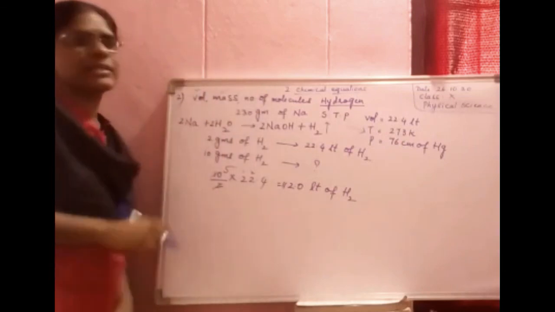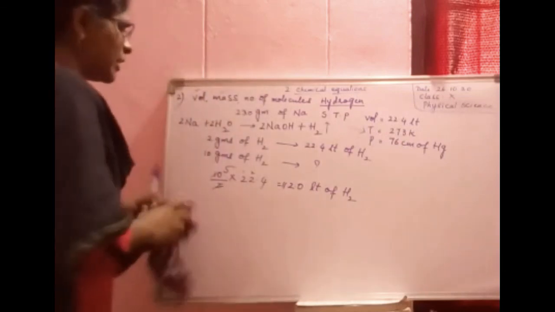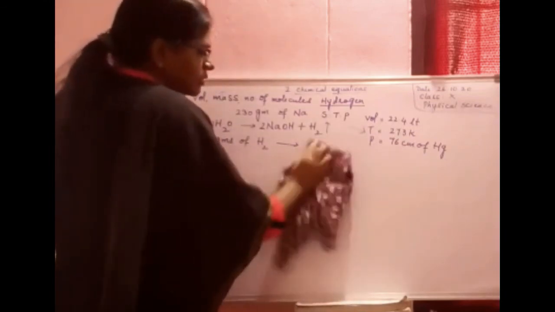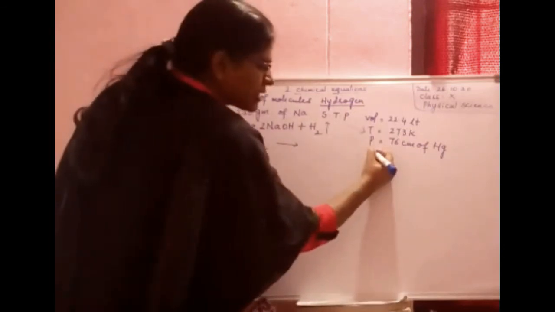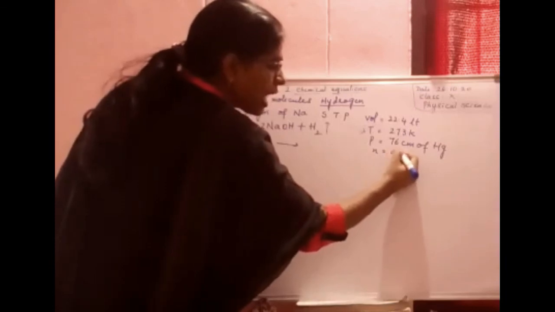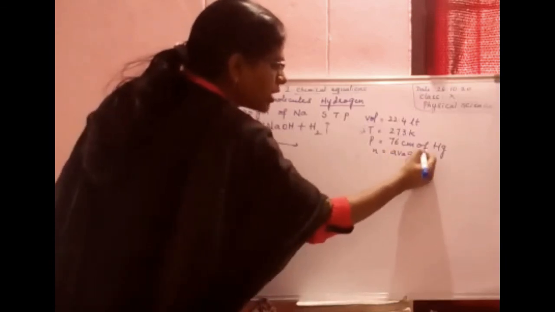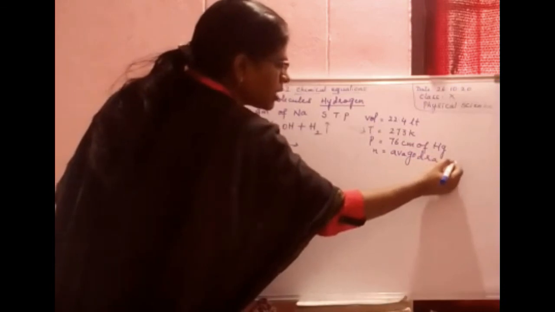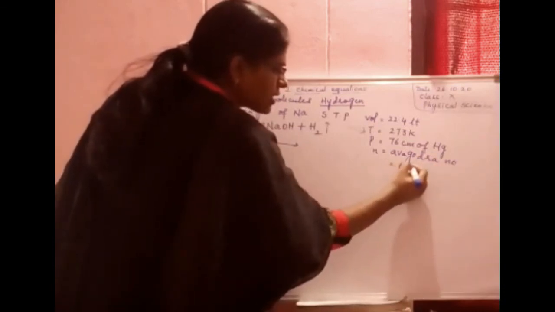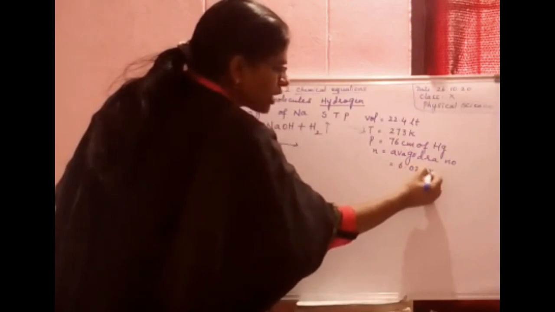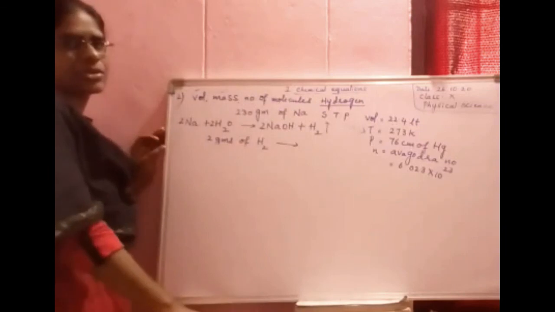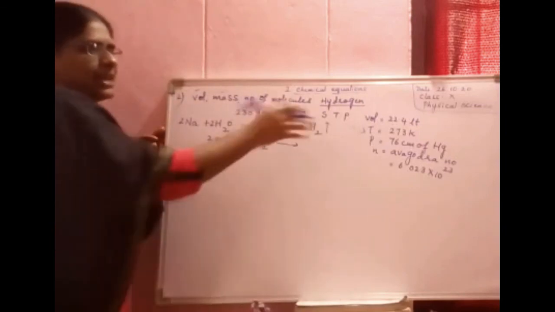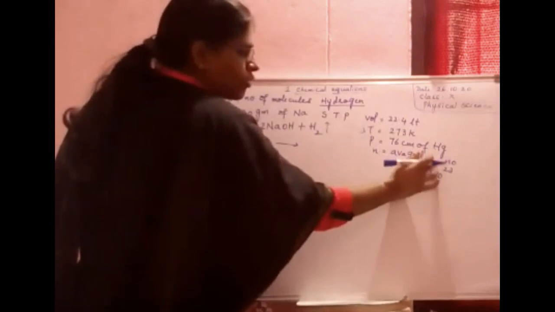Next, we have found the volume. What remains? Number of molecules. See here. Number of molecules is always N equal to Avogadro number. That means it is always 6.023 into 10 power 23 molecules. These are the Avogadro number of molecules.